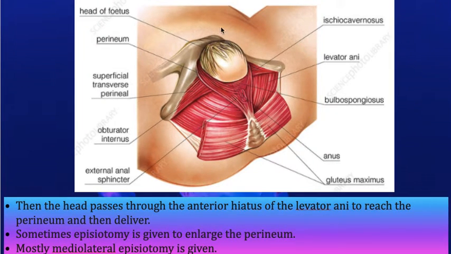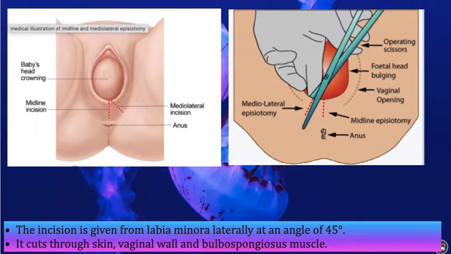Now, when the head passes through the anterior hiatus of the levator ani to reach the perineum and then delivers, sometimes an episiotomy is also given to enlarge the perineum, and mostly the mediolateral episiotomy is given. Okay, you have done this about the episiotomy before, right?